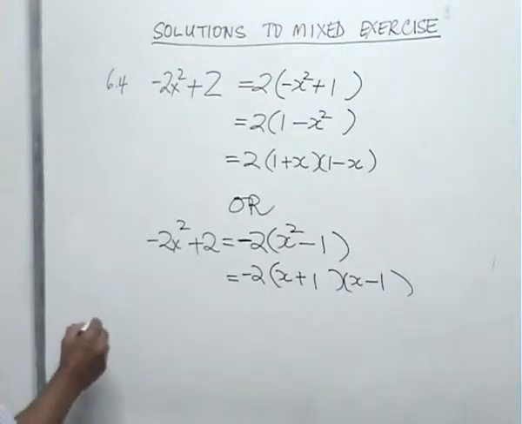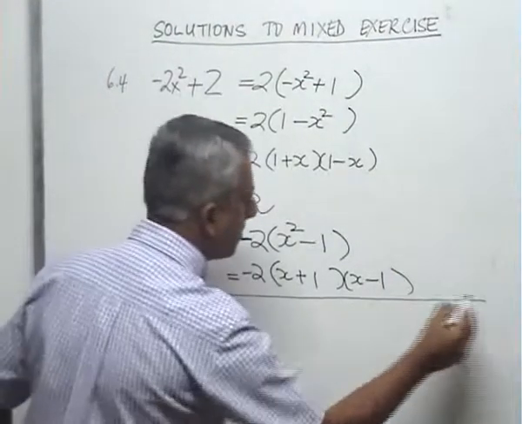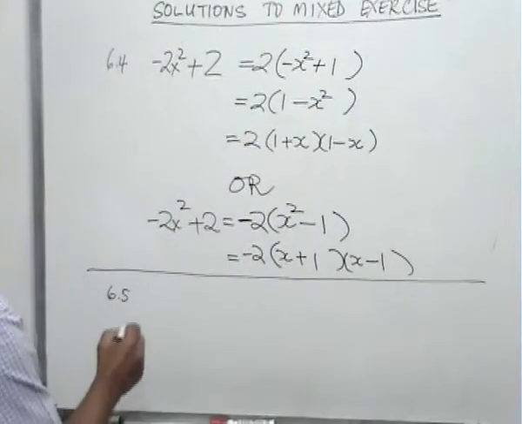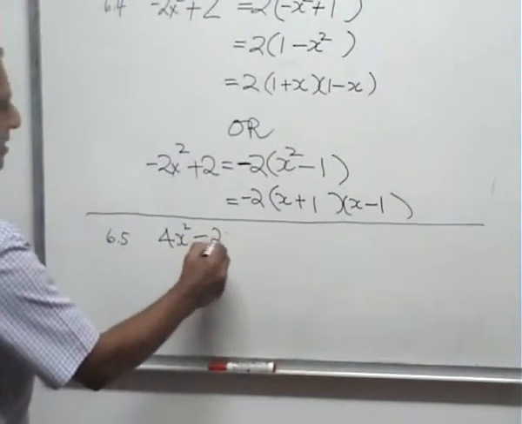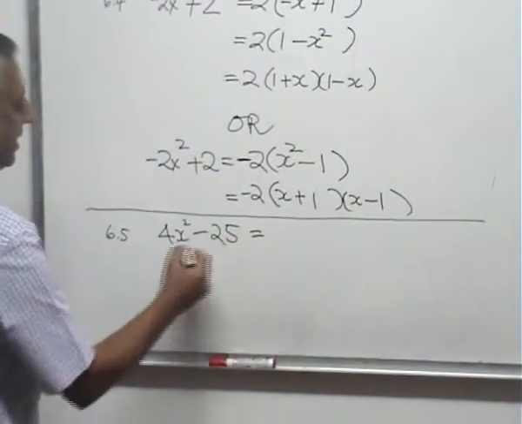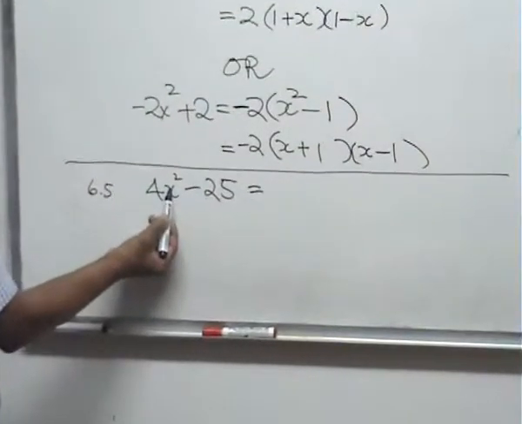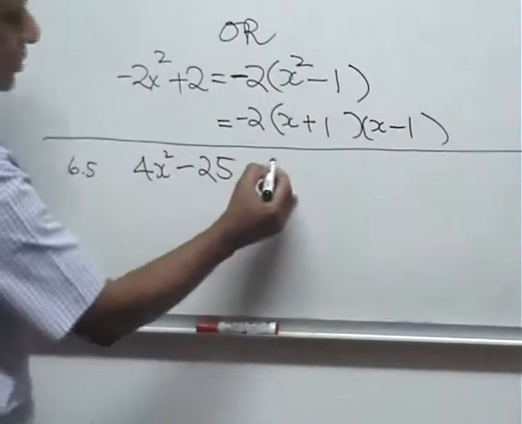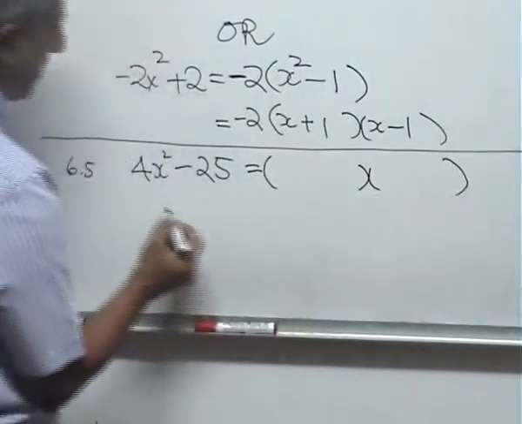Let's move on to 6.5. Now when you look at 6.5, you've got 4x squared minus 25. It's clearly a perfect square, perfect square, so it's a difference of two squares. Just open two brackets.